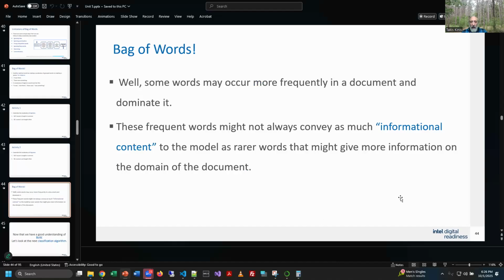It says here, well, some words may occur more frequently in a document and dominate it, right? And it says these frequent words might not always convey as much informational content to the model as rarer words that might give more information on the domain of the document. And this is what I was kind of referring to before, right? Just because I say a word a lot doesn't necessarily mean it's important.